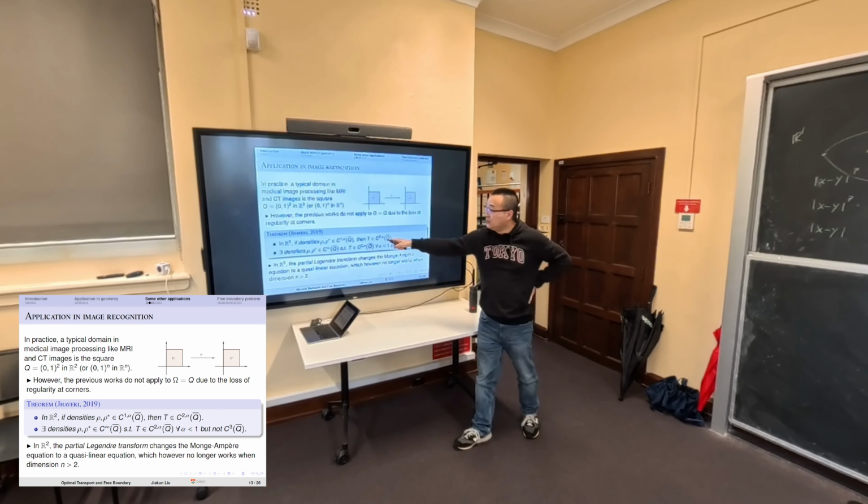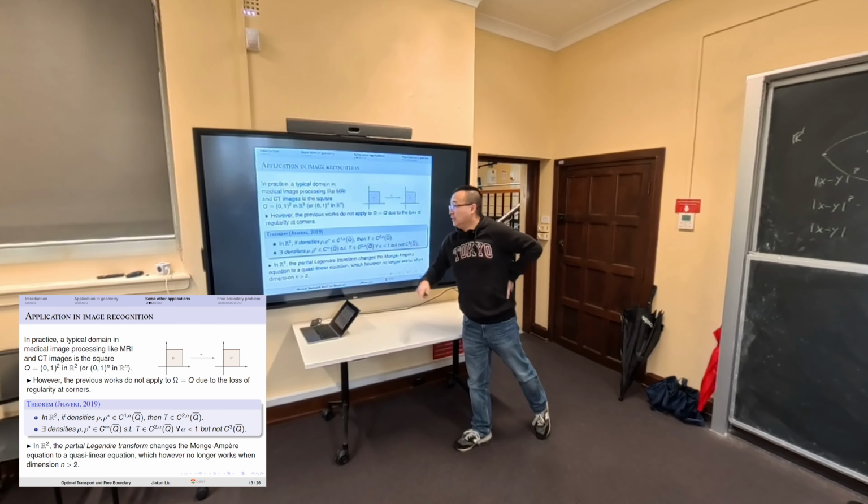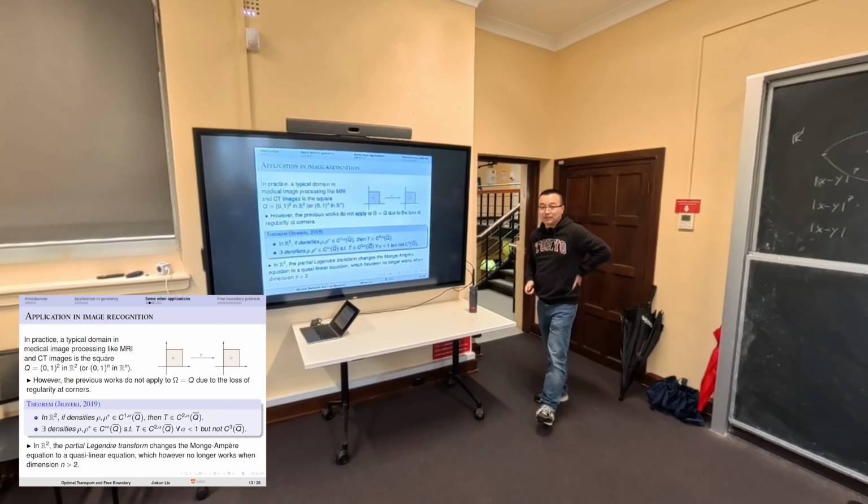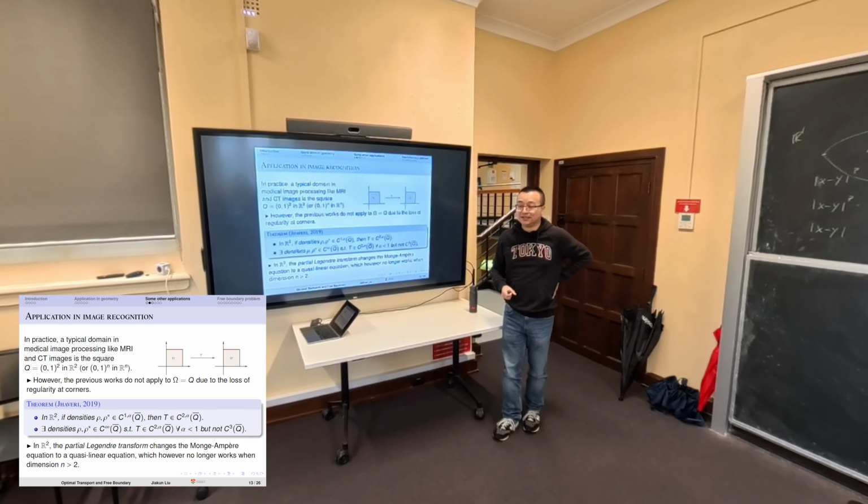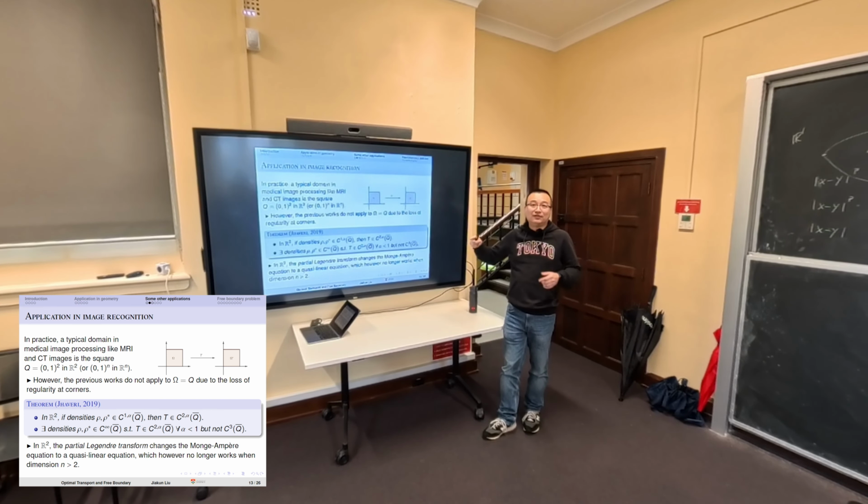However, his result only applies in dimension 2, because in dimension 2 we have a special technique called the partial Legendre transform. Recently I realized it's pretty powerful because it can change a fully nonlinear PDE into a quasi-linear PDE. And if the right-hand side is equal to a constant, then it directly goes to the Laplacian. If you have a fully nonlinear PDE, normally it's pretty hard.